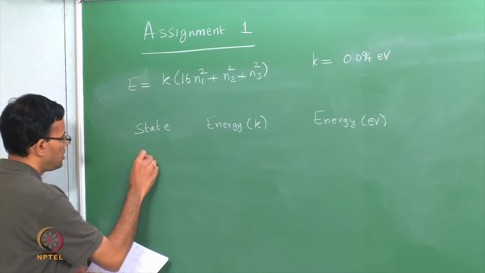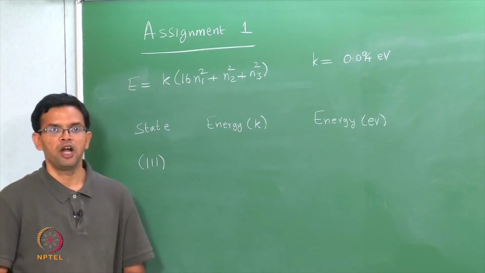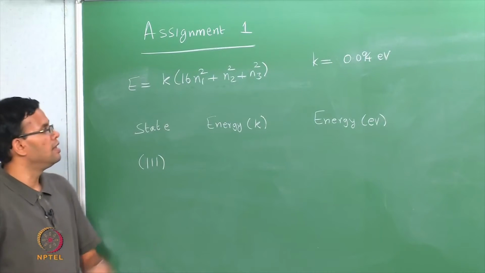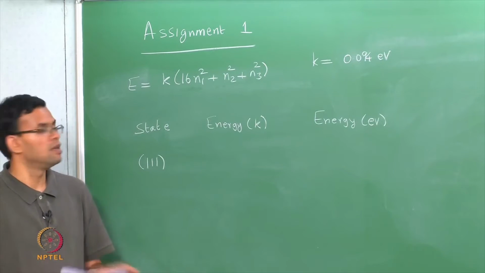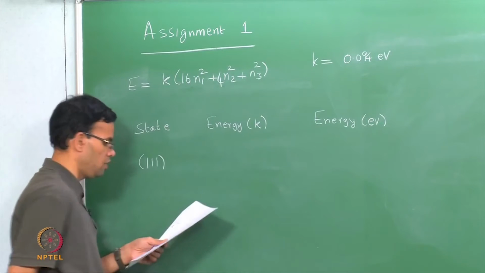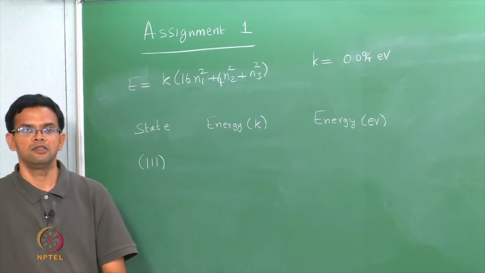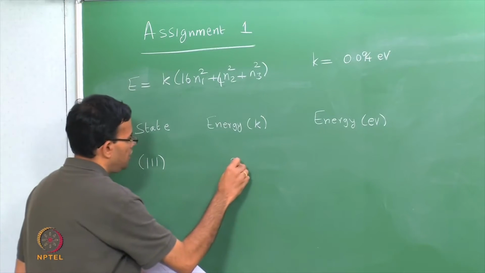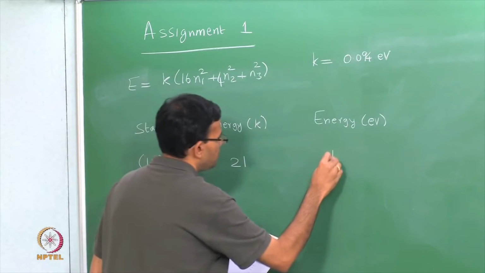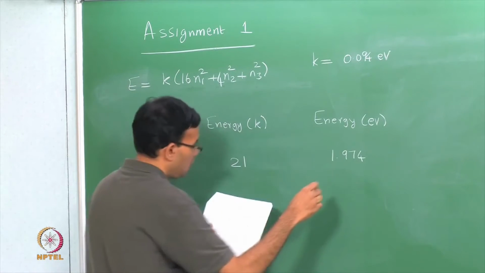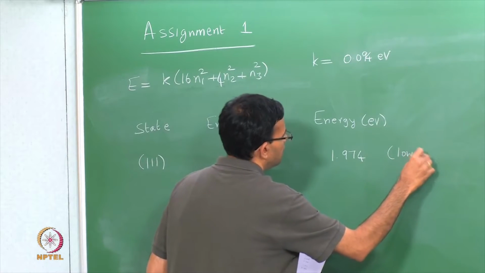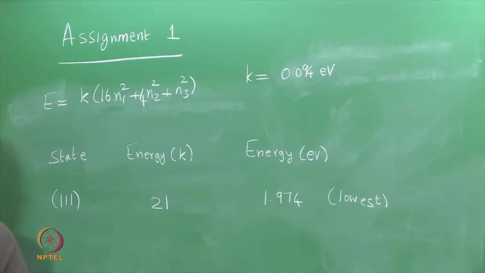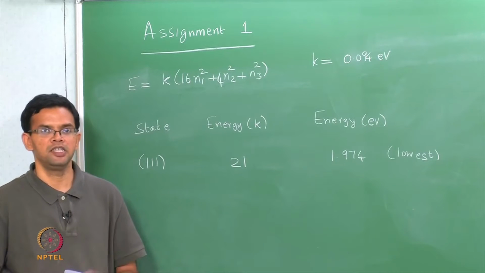So, the lowest energy state is typically 1 1 1. So, n1, n2 and n3 are all ones. In that particular case, this expression, this should be 4 n2 square, sorry. So, 16 plus 4 plus n3 square. So, if it is all 1 1 1, this expression is essentially 21 and the energy is 1.974. So, this is your lowest energy level. The next energy level, so one of these numbers must become 2 because they can only be integer numbers.